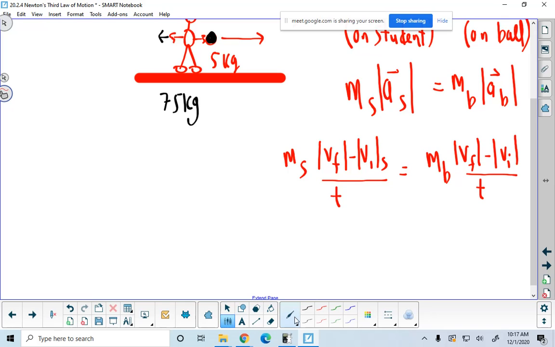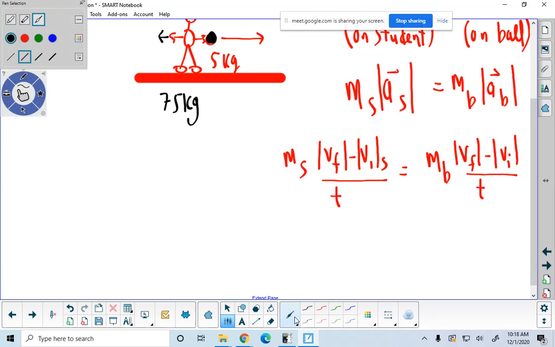The force on the ball and the student start when the student exerts that force, and they end when the two objects separate. And if the times are equal, we can cancel them. So these times cancel. And by the way, vi for both of these objects is 0, so we end up with a very interesting statement.